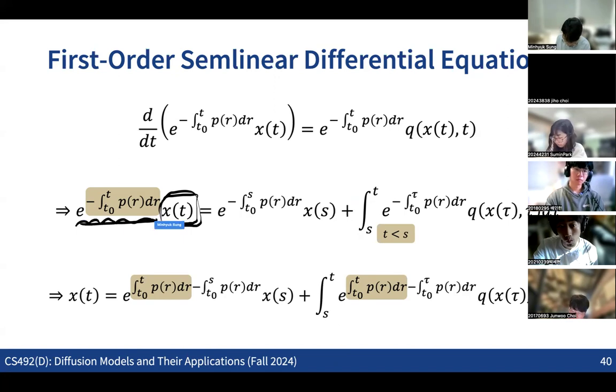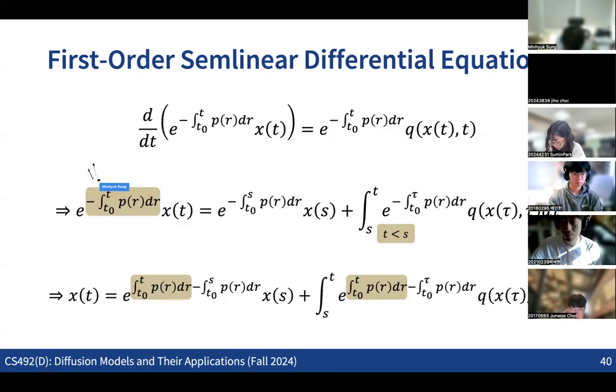We multiplied this term at the beginning, and now we are dividing the whole terms by this exponential term. Dividing by this term basically means that we are multiplying this exponential term without the minus but with the plus here, right? The same thing. So we are dividing both sides with this, which is identical to multiplying this exponential term with the plus here, right? So we can see that now the x_t has this formulation.